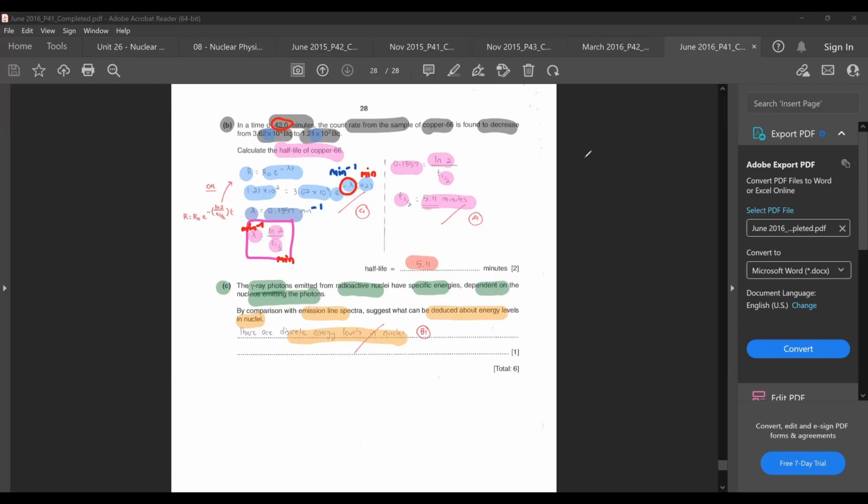So if you revisit a little what you learned in quantum physics, your emission line spectra, which was basically a series of colored lines on a dark background. Sorry, let me just rewrite this.